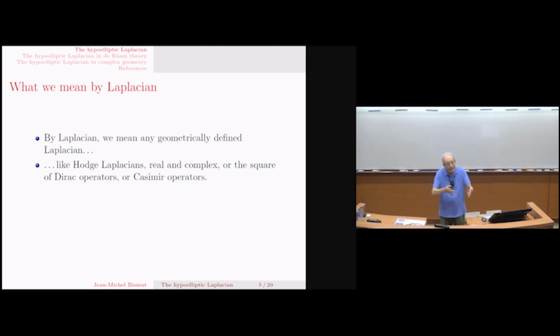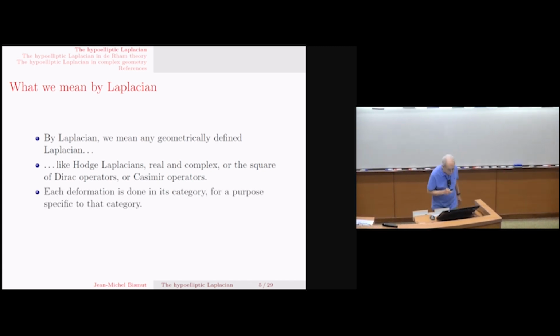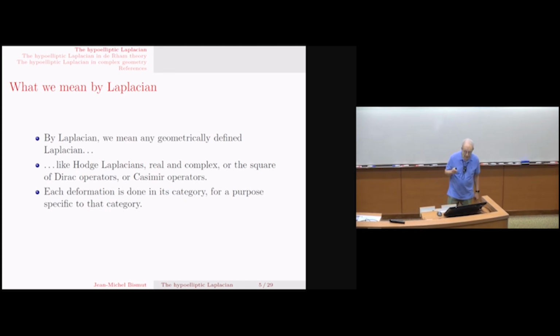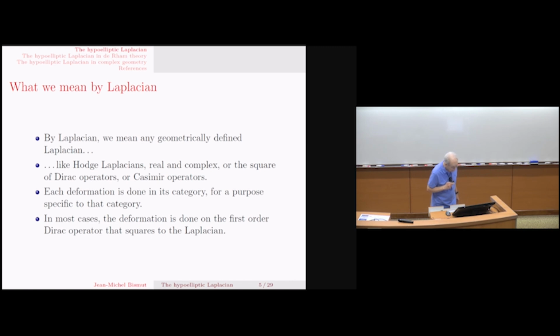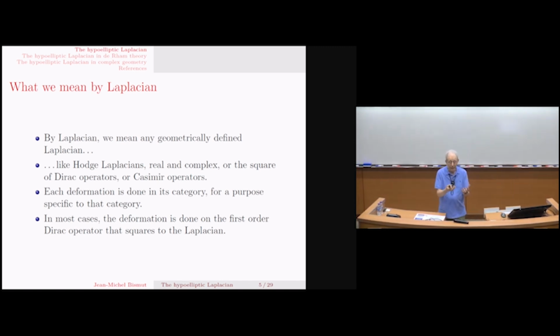So I will explain this in a few special cases again. Every time the deformation will be specific to the geometry that we look at, but in some sense there is a common feature, and I will first explain this common feature. So each deformation is done in its category for a purpose specific to that category. In most cases, to understand the deformation, it is not directly done on the Laplacian itself.